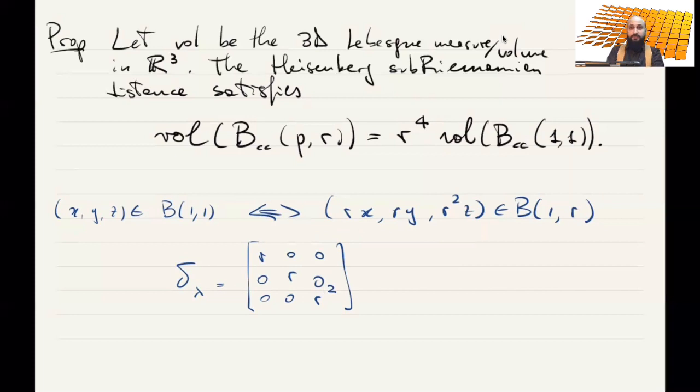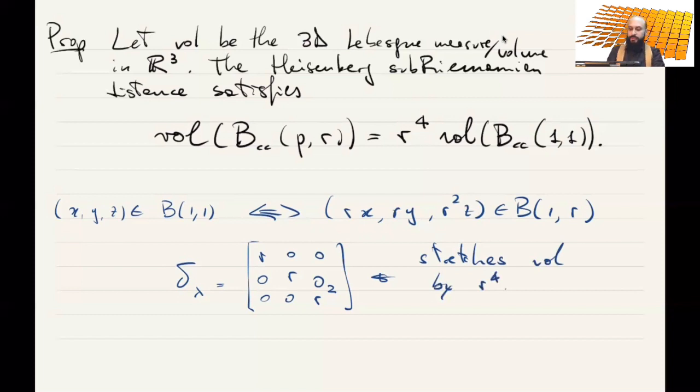This map stretches volumes by R to the 4. That's why we're going to have this proposition.